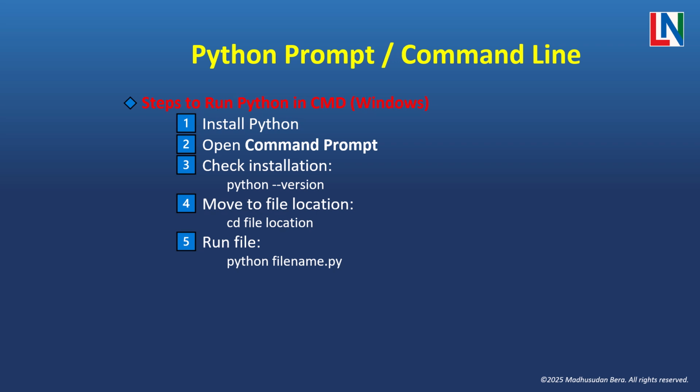For example, if we have a Python file named hello.py in D drive, then the command is cd D:, enter. If you want to run the file, type python space filename.py, followed by enter. For example, python hello.py and enter.